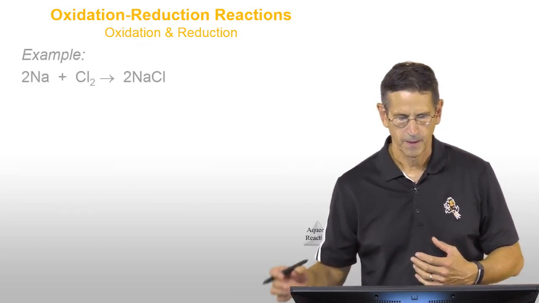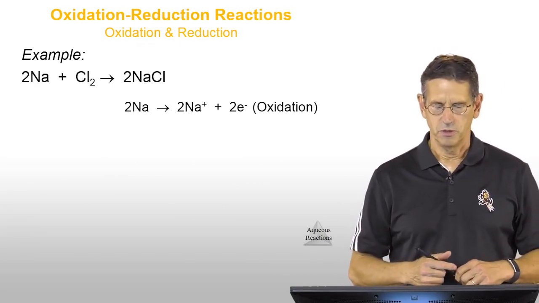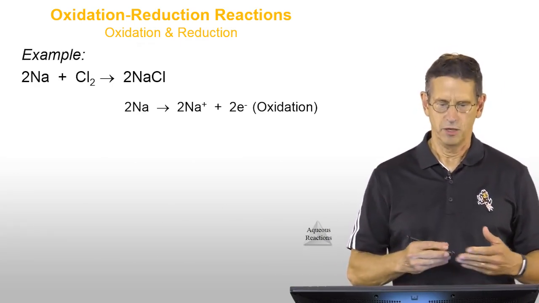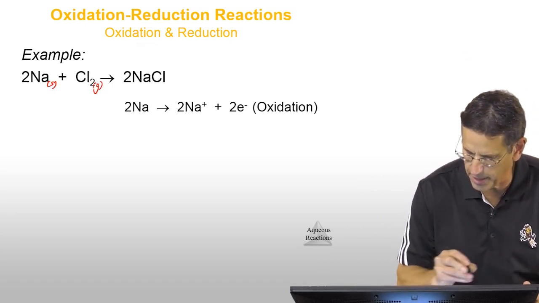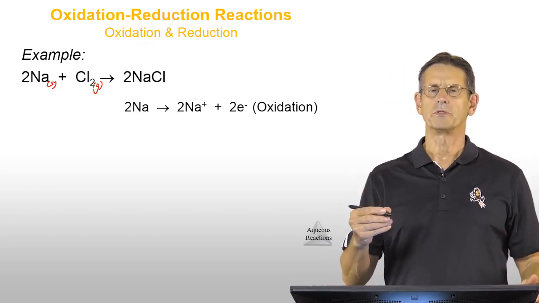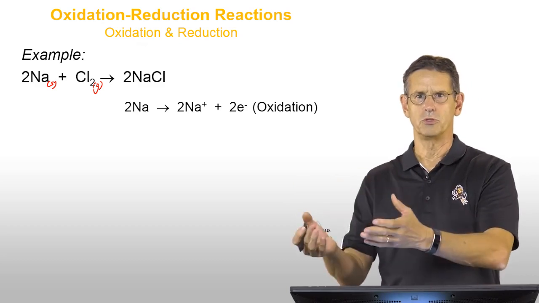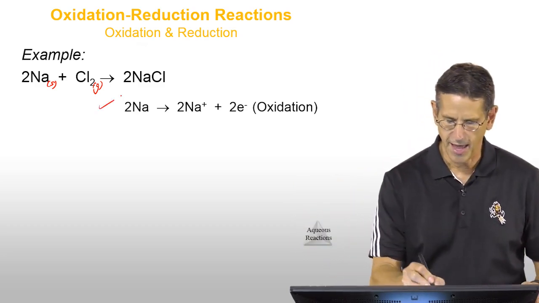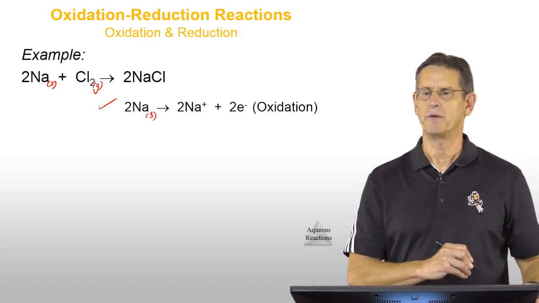Let me give you an example of a very simple oxidation reduction reaction: the reaction of sodium metal, let's put solid here, with chlorine gas, both neutral. What happens? Oxidation. Sodium, a metal, loses its electrons. So we write a half reaction: sodium going to the cation plus electrons.